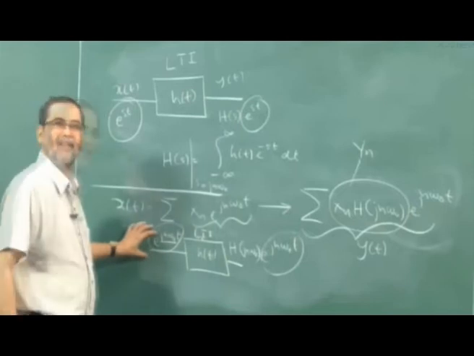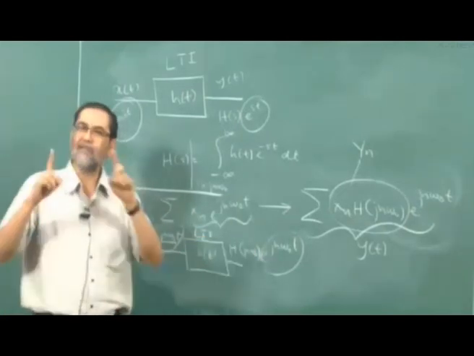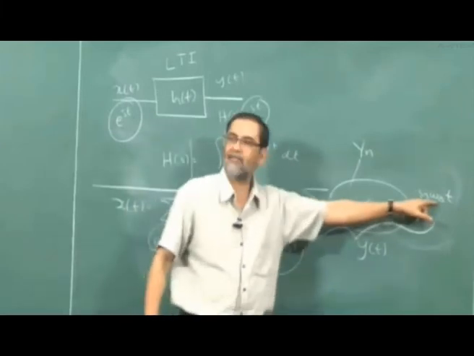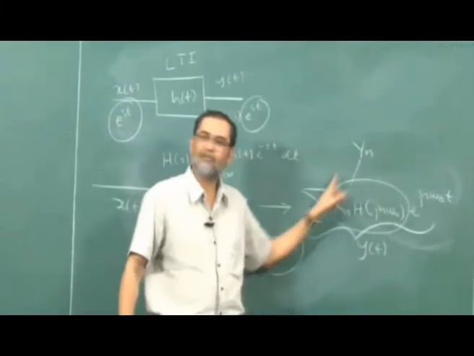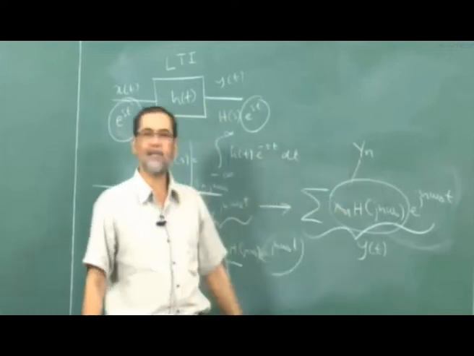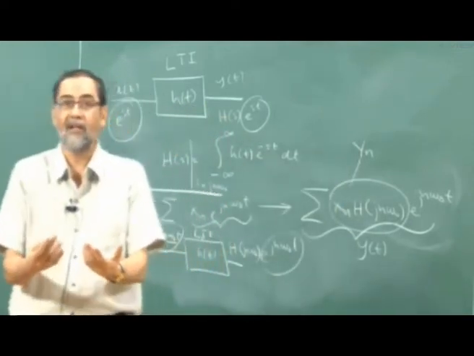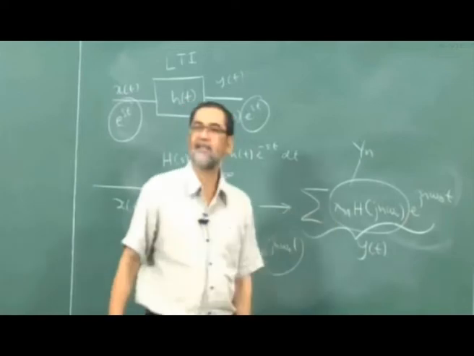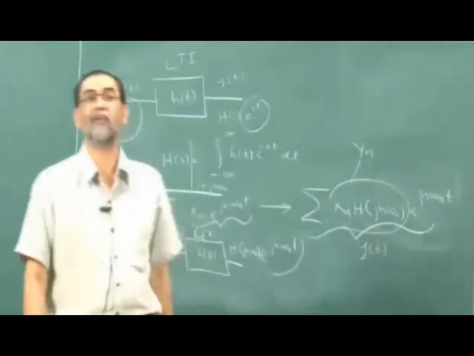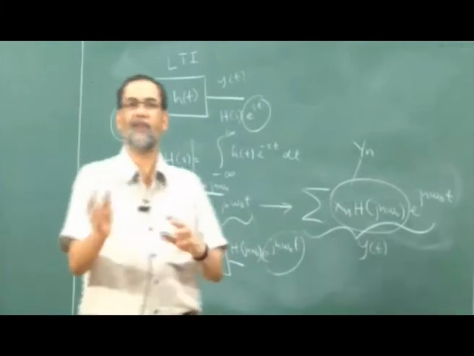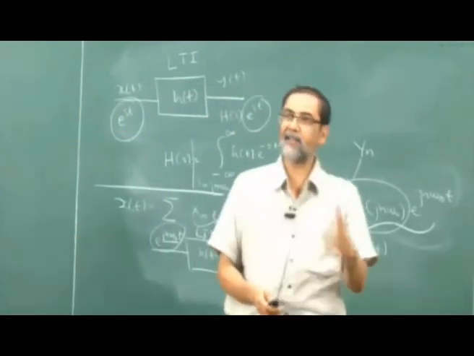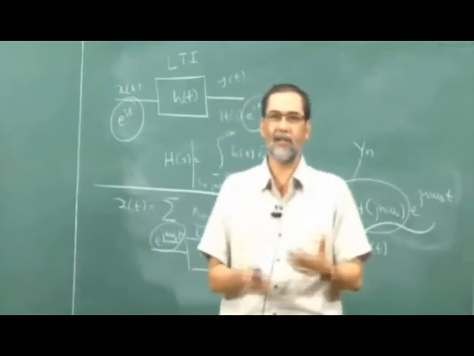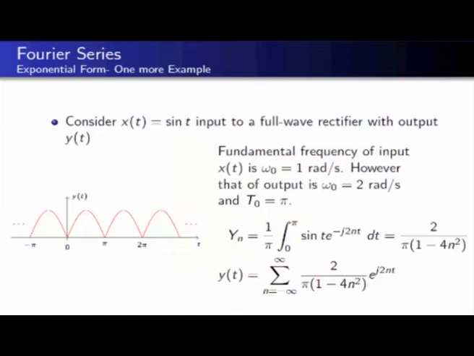X of t periodic input to an LTI system, y of t will be periodic with the same fundamental frequency, and the new Fourier series coefficient yn can be expressed in terms of the individual Fourier series coefficients xn and the scaling factor given by h of s, evaluated at s equal to j n omega naught. So input periodic, output also periodic, same frequencies. That is a consequence of all this, and that is the reason why the Fourier series is so important in the study of LTI systems.